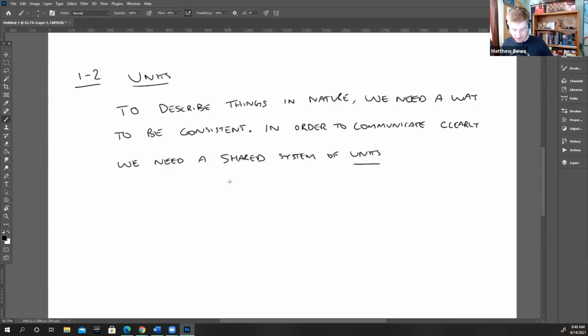This is where we have the SI units. SI units were defined to be common for everyone. They're common and they're solid. They're not going to change. So we have SI units. This is the International System of Units.